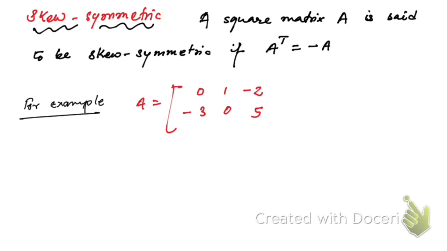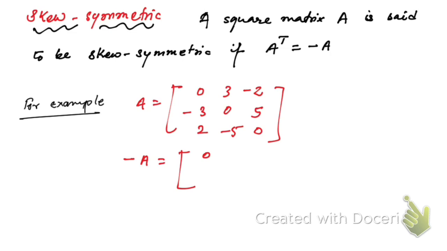Now you see, negative of A means you need to multiply minus 1 with this matrix A. Then you have to change the sign of each element.